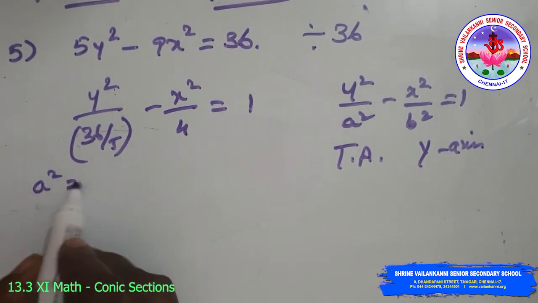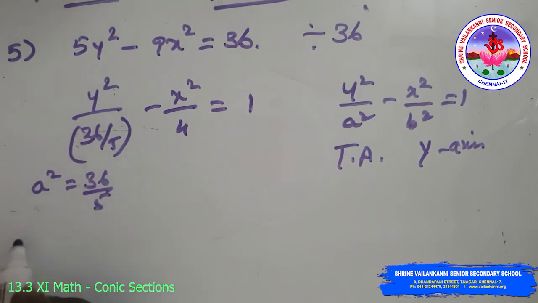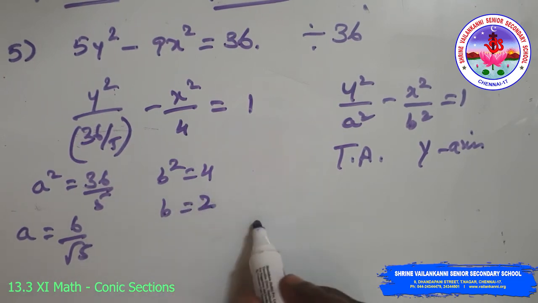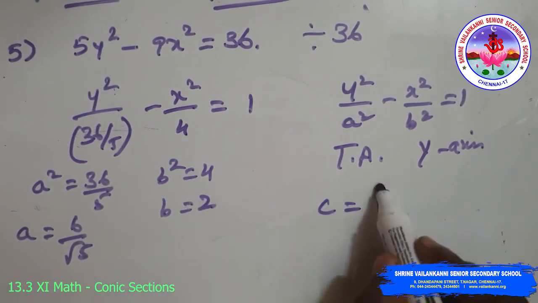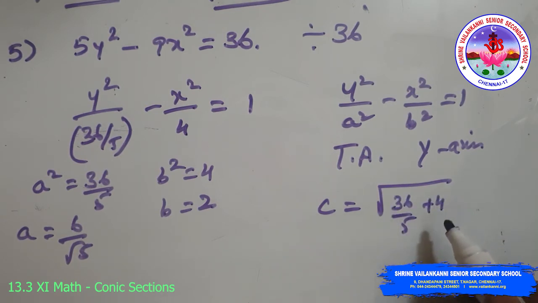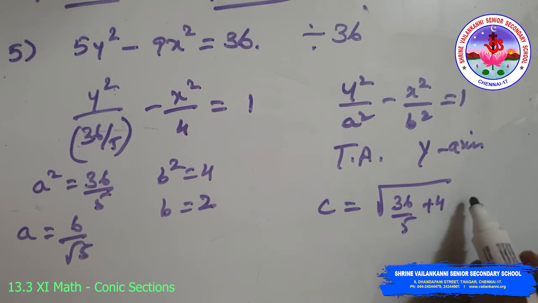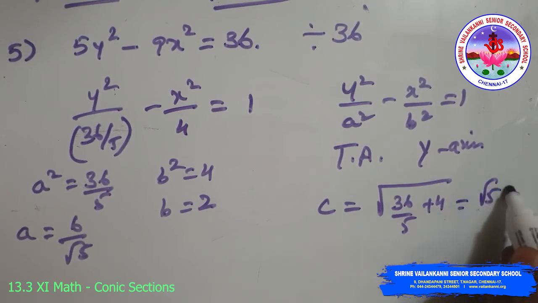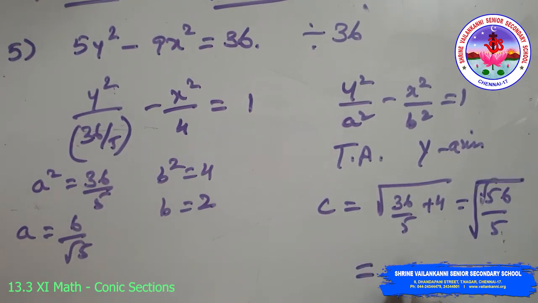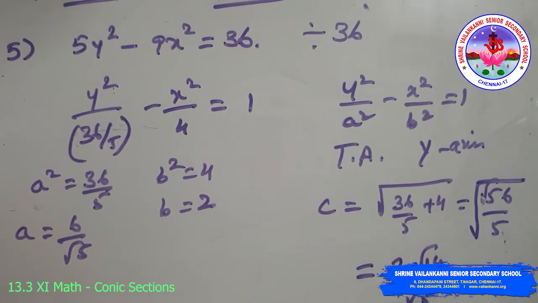Here we have a² = 36/5, so a is 6/√5. And b² is 4, so b is 2. Then c is the root of a² + b², that is 36/5 + 4, so we get 56/5, which is equal to 2√14/√5.